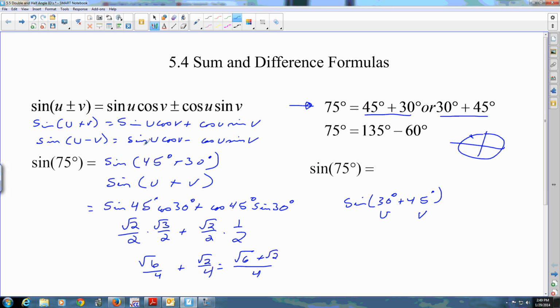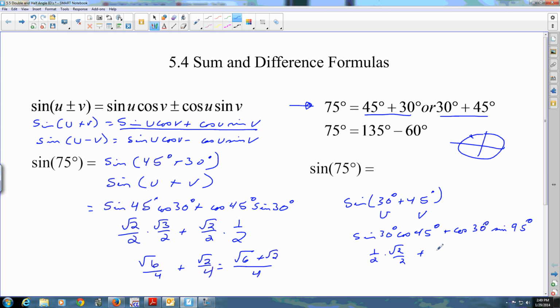Filling this pattern out, that would be sine 30 cosine 45 plus, oops, I already made a mistake. Apologize for that. Plus cosine 30 sine 45. Sine of 30 is a half times cosine of 45 is square root of 2 over 2.